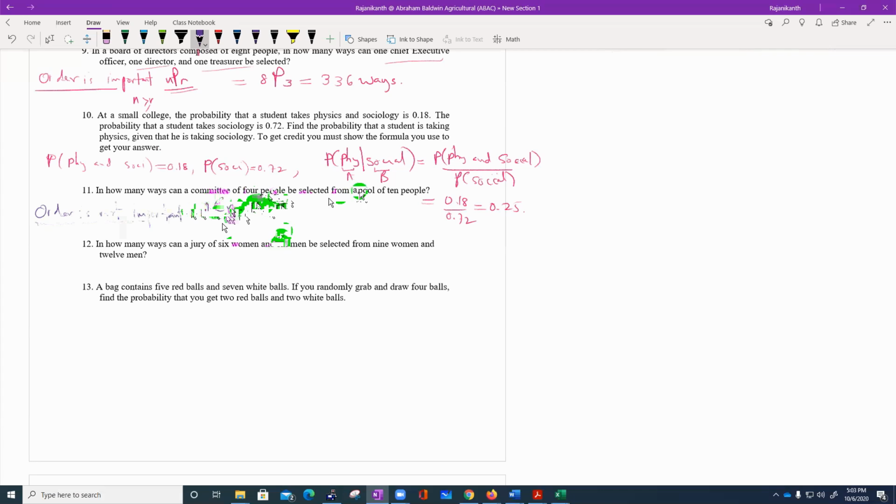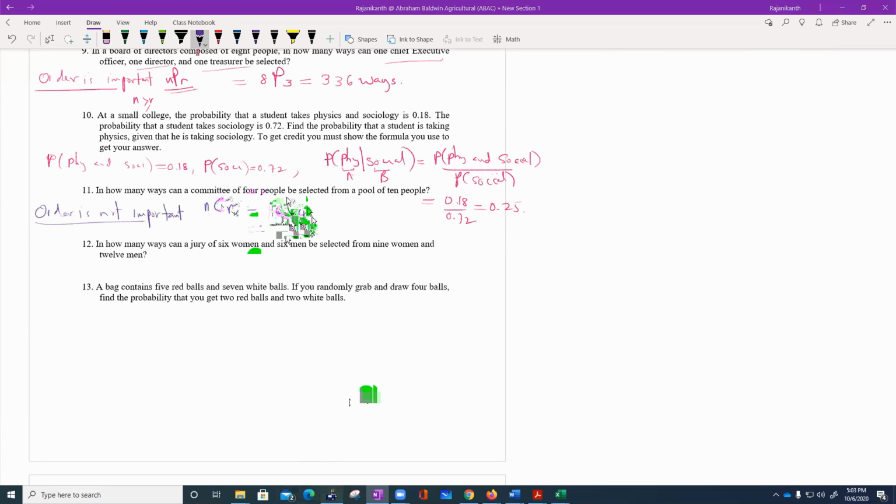Therefore, I'm going to use the nCr formula, the combination formula. You are given in total there are 10, and you need to choose 4 at a time. So the number of ways is 10 choose 4. How do you find that? You could use the formula for nCr, look at the note, or simply type it into the calculator. Using a calculator is always easier.